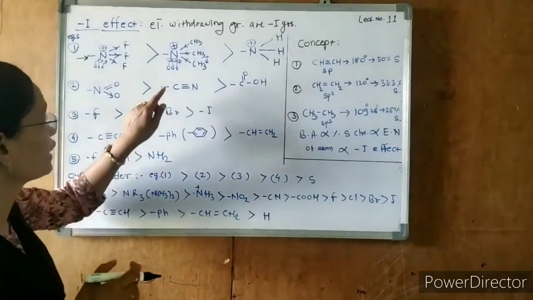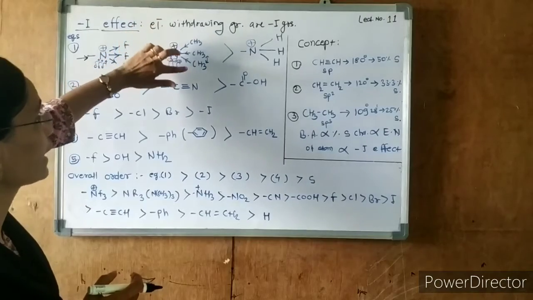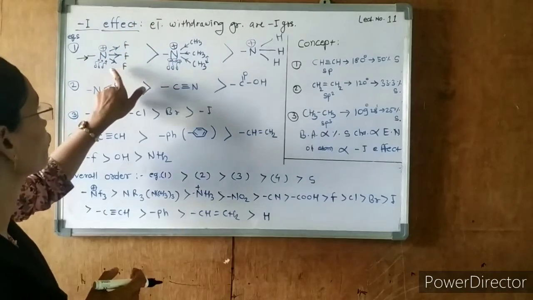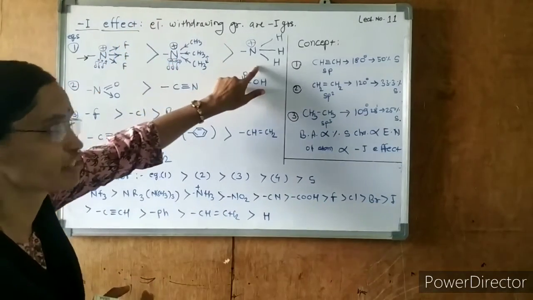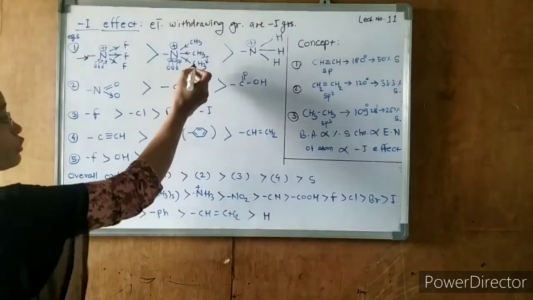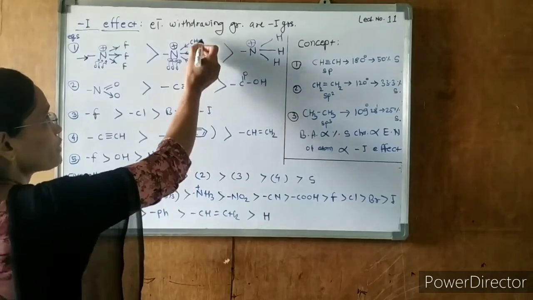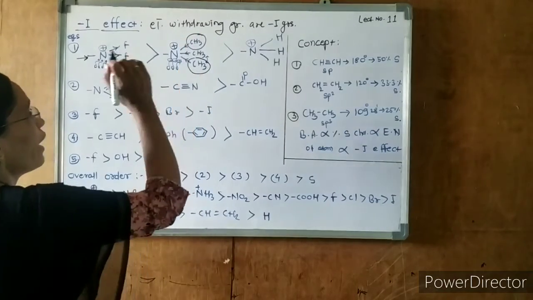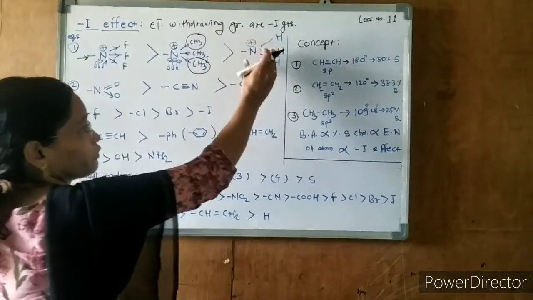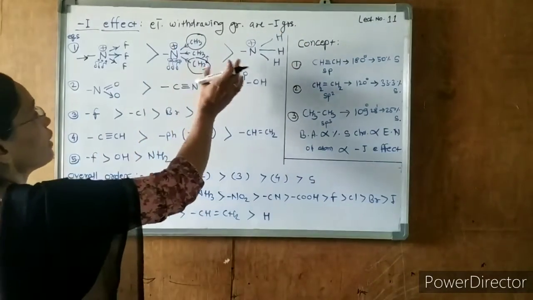Now I will explain why the electronegativity of this NR3 group is in between NF3 and NH3. No doubt these groups are electron donating groups, so its position must be beyond NH3, but it is not like that.